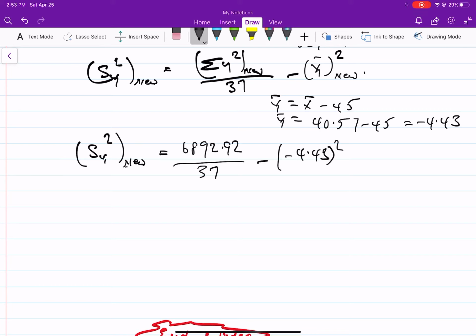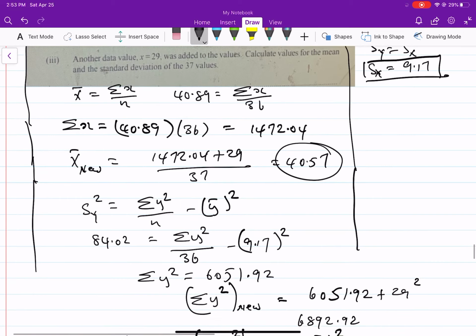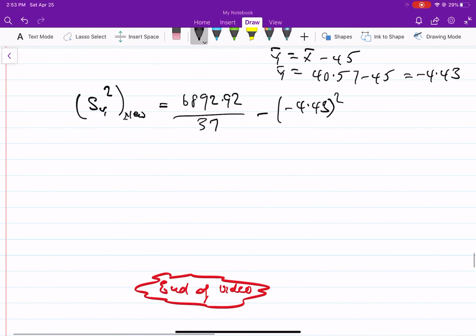And if I square root that, I will get 12.9 for the new y, sy is equal to 12.9. But the standard deviation for x is the same as the standard deviation for y. So sx is also 12.9.